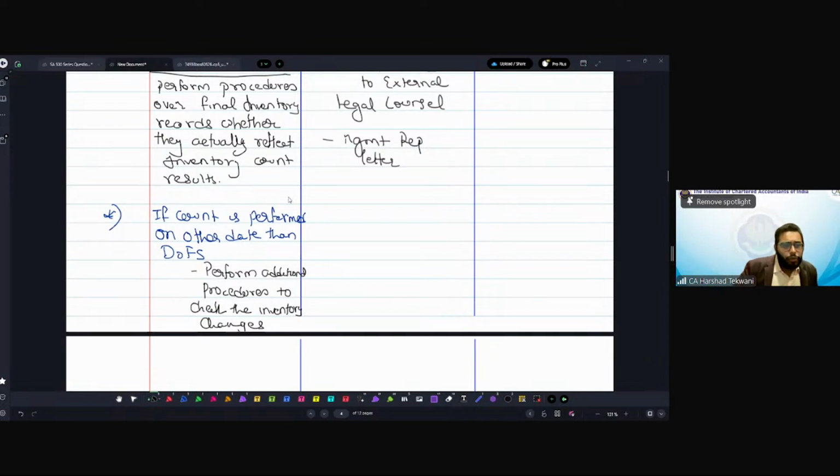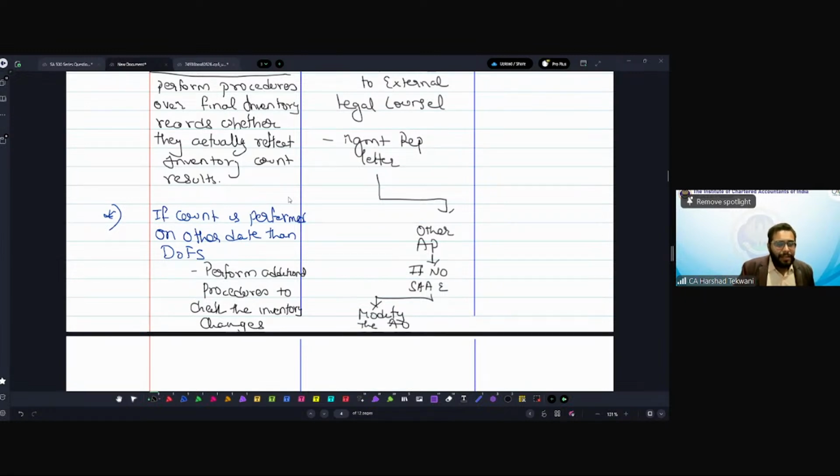So basically, there are two things. One, perform other audit procedures. If you get sufficient audit evidence, fine. If no sufficient audit evidence, then modify the opinion.